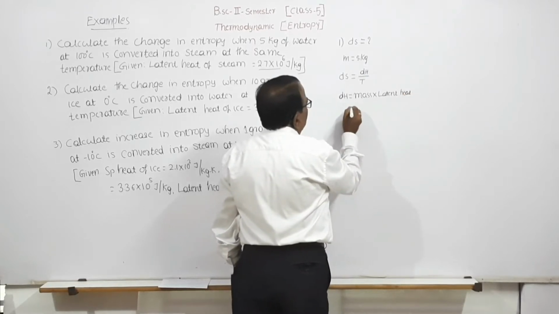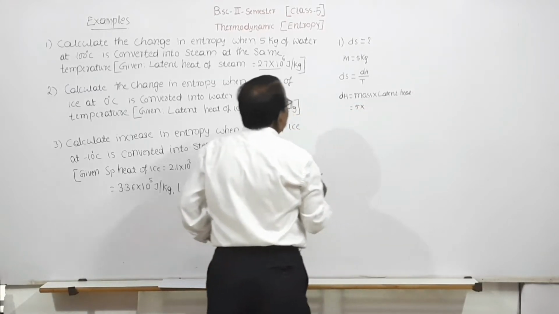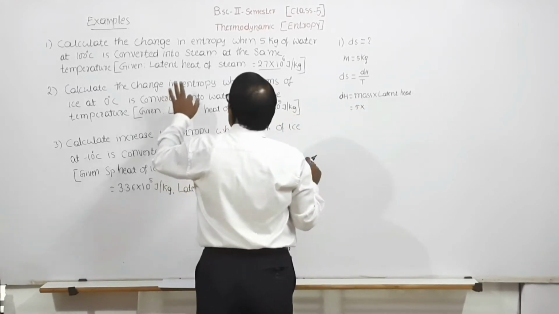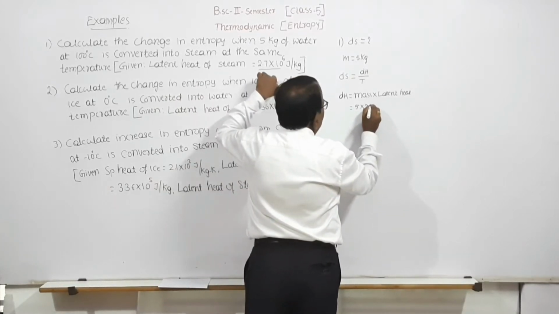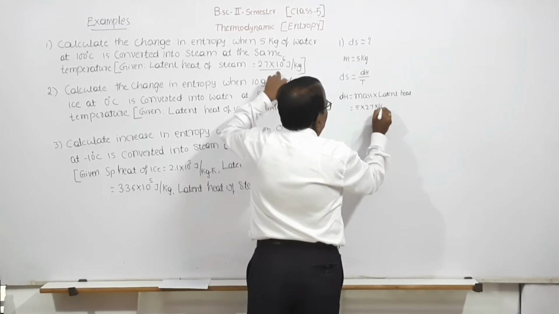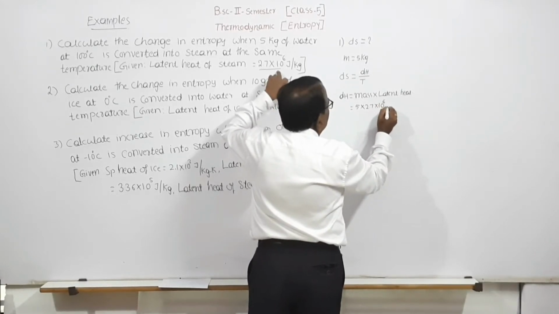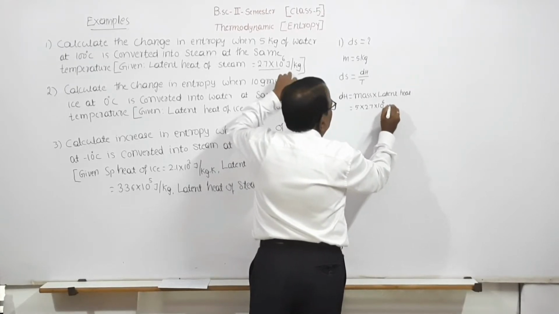That means mass is 5 kg, latent heat is 2.7 into 10 raised to 6 joules per kg.